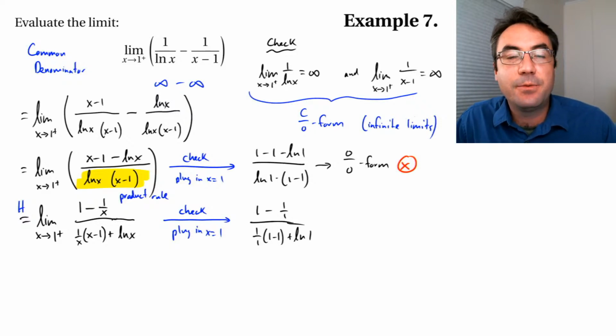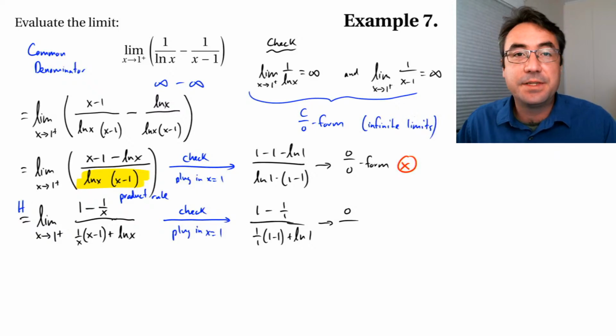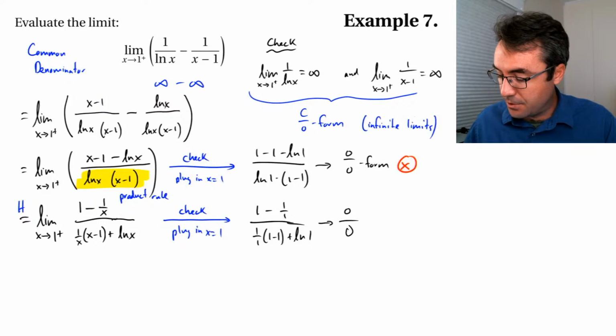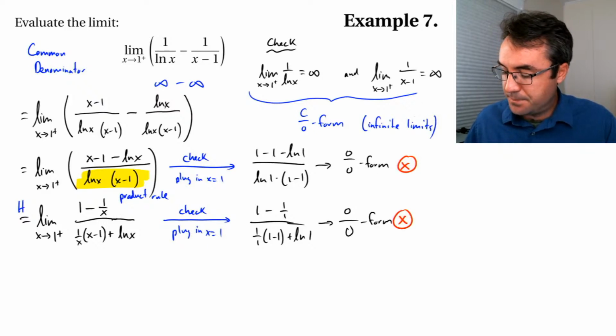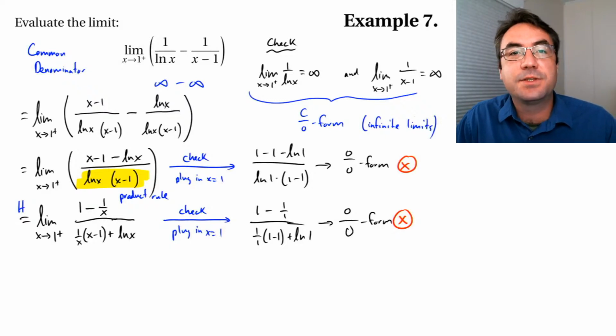And in the top there, we get 1 minus 1, which is 0. And then in the denominator, natural log 1 is also 0. So we end up with a 0 down there as well. So still no good. It's indeterminate, 0 over 0 form. So that tells us we're not done yet, but it does give us an idea of what to do next.